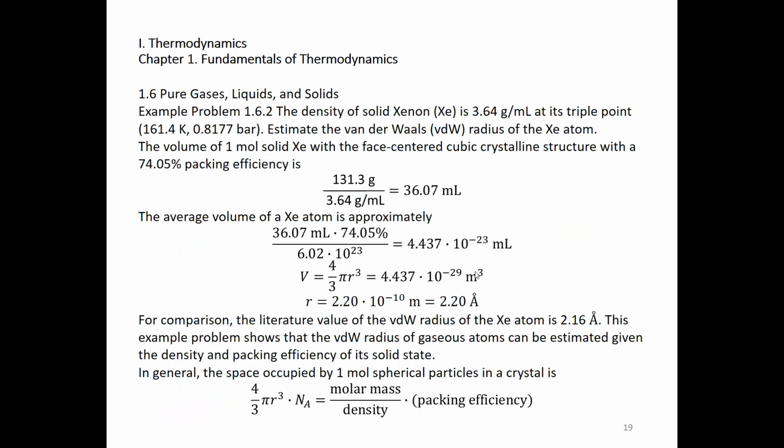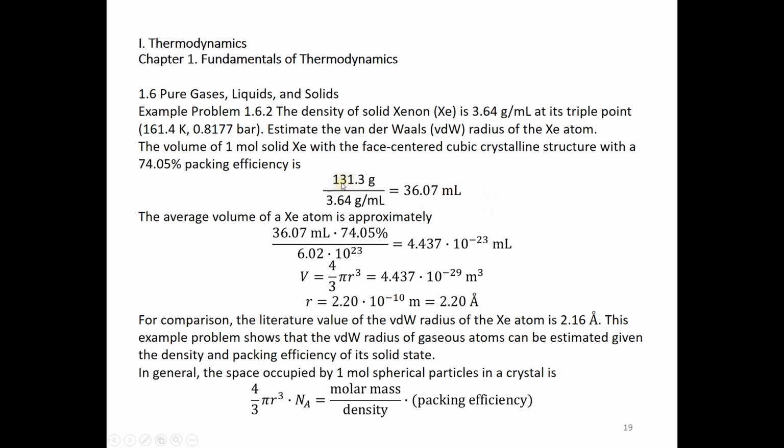Another numerical example, let's say we know the density of solid xenon, 3.64 gram per milliliter. And now we're going to estimate the van der Waals radius of the xenon atom. So first, the volume of 1 mole solid xenon with the face-centered cubic crystalline structure with this much packing efficiency is over here.